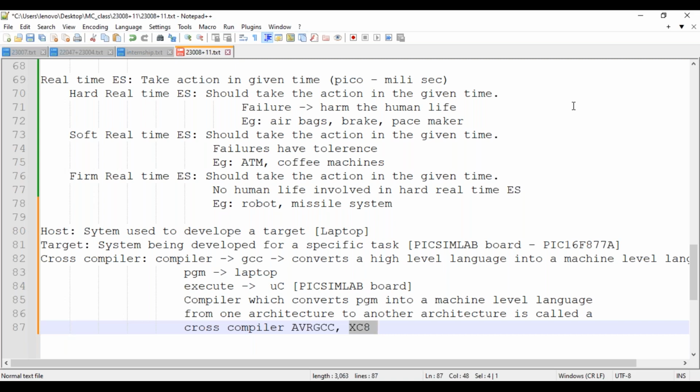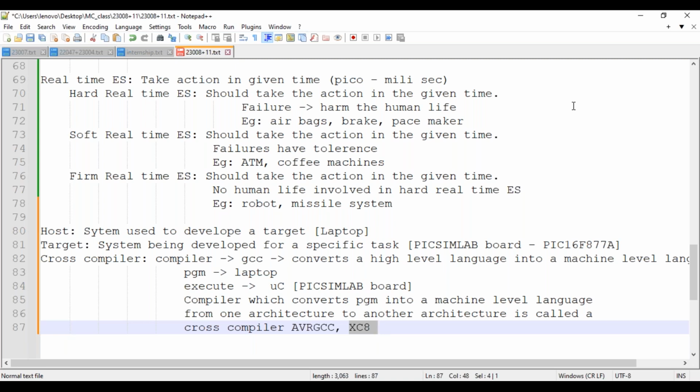Okay. So these are the three important terminologies with respect to the programming part. We will be using something called the host, the target, and also the cross compiler. Host means the system which is used to develop a target.